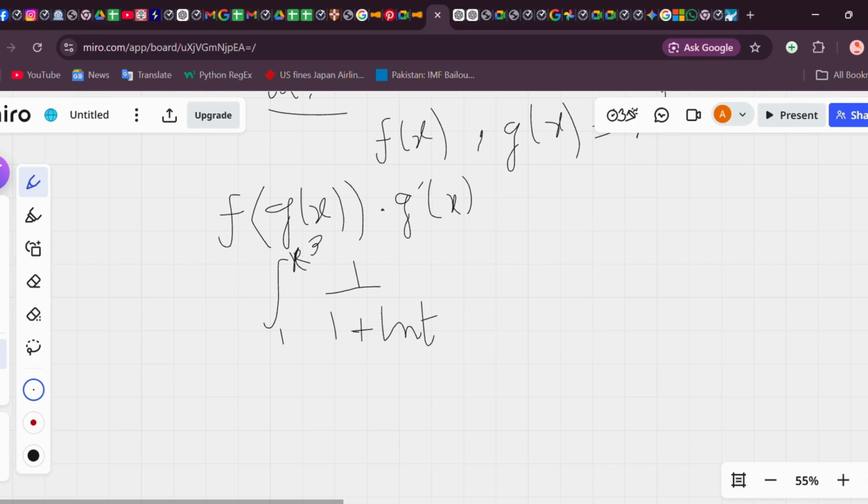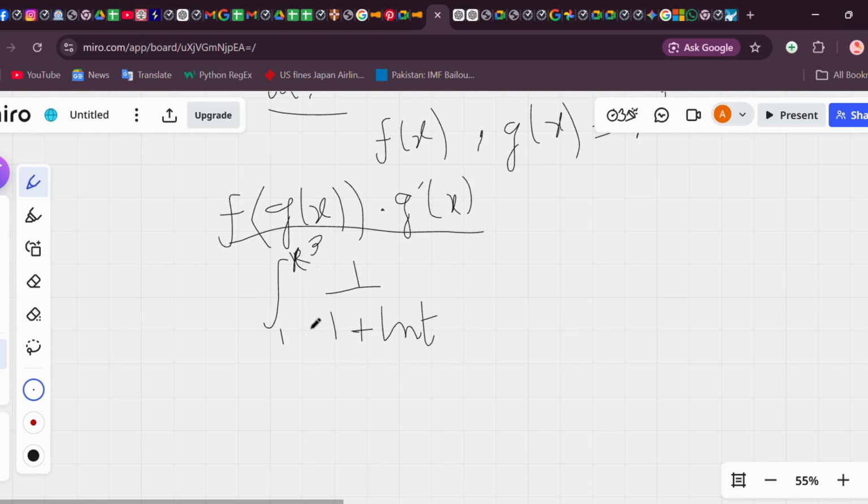Now x is greater than or equal to 1. We will further solve it by using the formula written here. So this is the whole function we have.